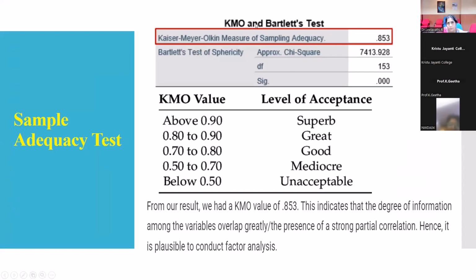Okay, so as I said to you, for the KMO Bartlett's test, the value should be like this. If it is like this only, your sample is adequate and you are able to proceed for further analysis. In case the sample is not adequate, then you can go for a few more respondents, or otherwise there are two possibilities.